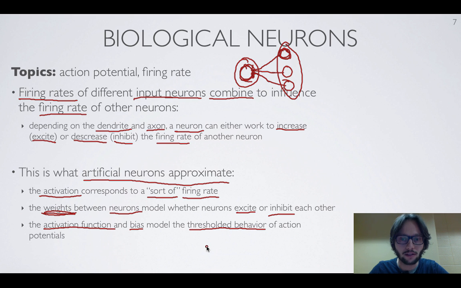I said that the firing activities of the neurons that some given neuron is connected to need to reach a certain level for this neuron to actually spike. This is what the activation function and the bias try to model. If we have a sigmoidal function, it will take this form here. And then the bias will determine the basic pre-activation of the neuron.